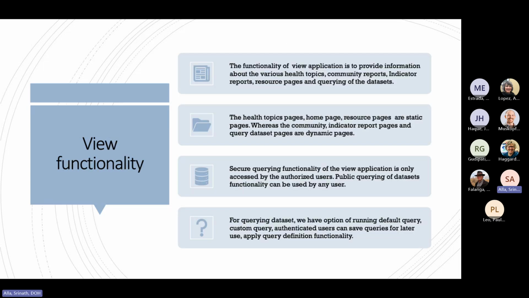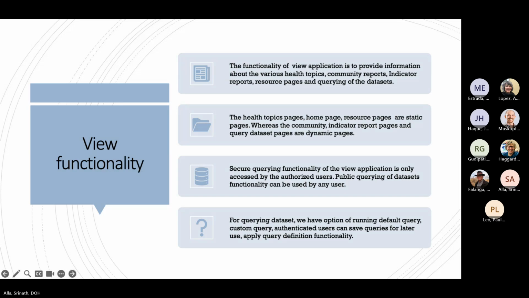And next, we'll be discussing the view application and its functionality. The main functionality of the view application is to provide information about various health topics, like cancer, alcohol addiction, cancer deaths, and all these kinds of health topics.